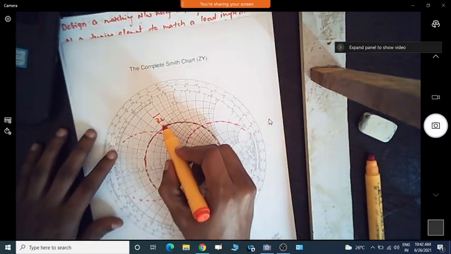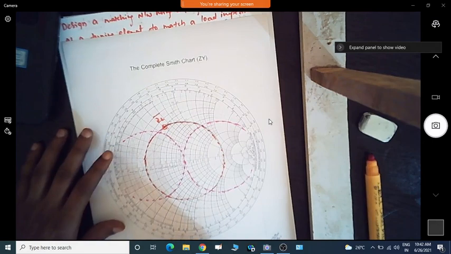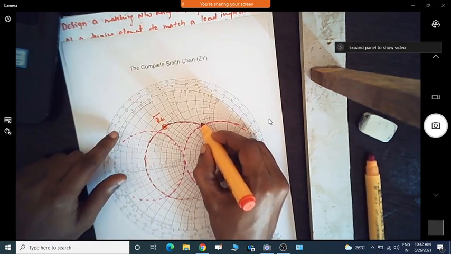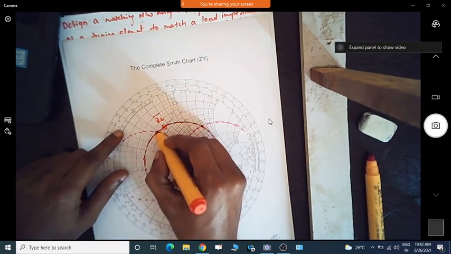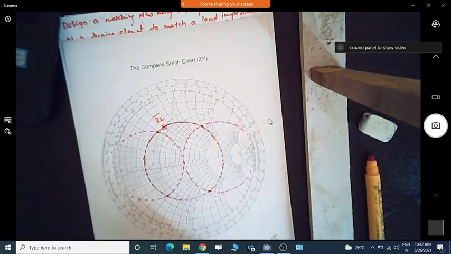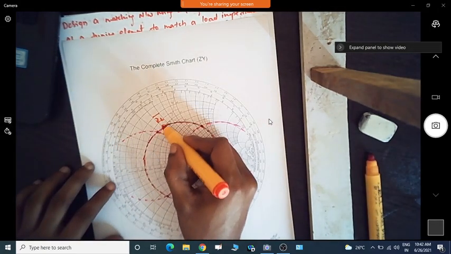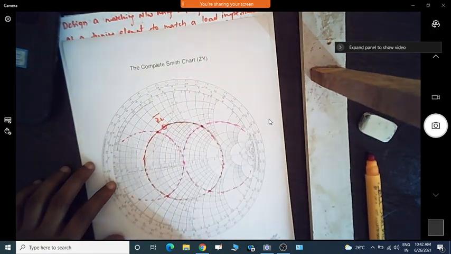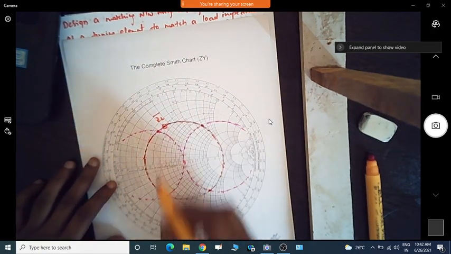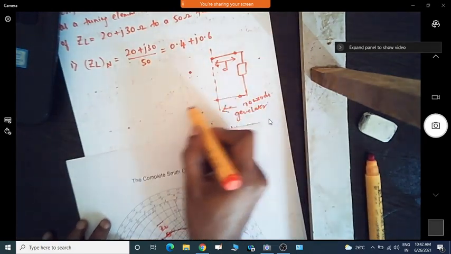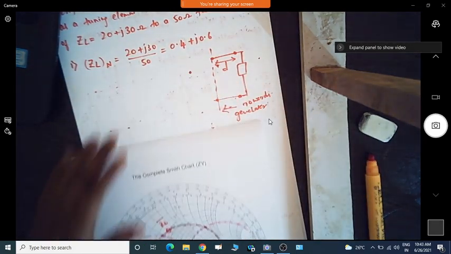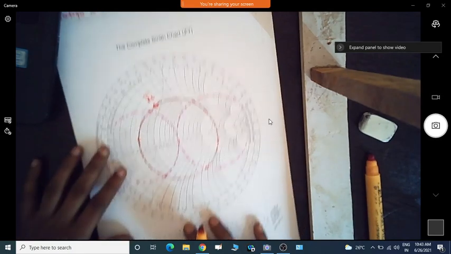Now we need to always move in the clockwise direction. For any point on the unity resistance circle or unity conductance circle, we always move clockwise. You should not go in the anti-clockwise direction, even if it is near. We always move towards the generator, because we are moving from the load point towards the generator.